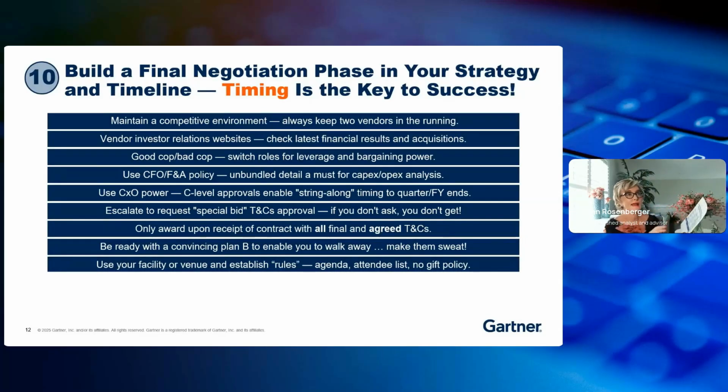These are all in the attachment section of what you're seeing here on our website for this webinar. This gives you a nice guide to proactively plan. What should you be doing 12 months out, 9 months out, 6 months out, 3 months? Build in that final negotiation phase within that 3-month period.